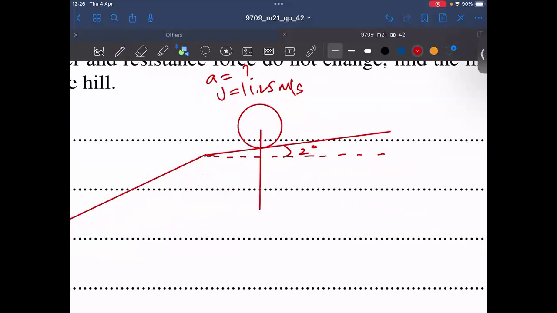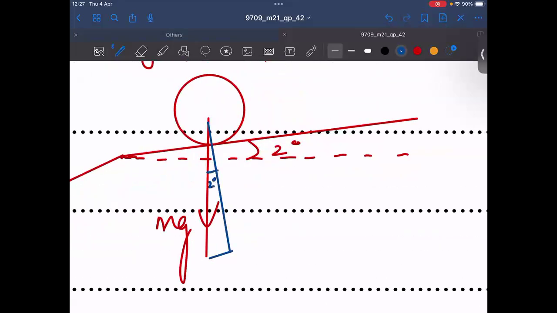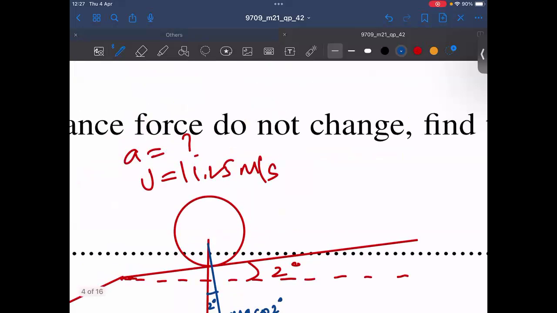This is going to be mg. And let me draw the components. Like this, you have 2 degrees. And like this. So this is mg cos 2 degrees. This is mg sine 2 degrees. And this is again the normal reaction.